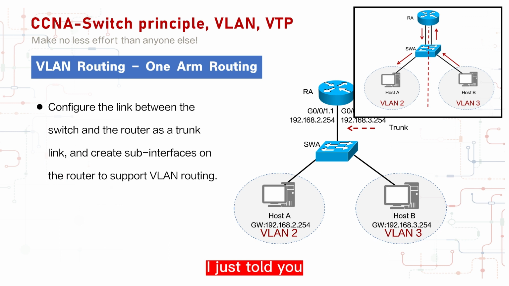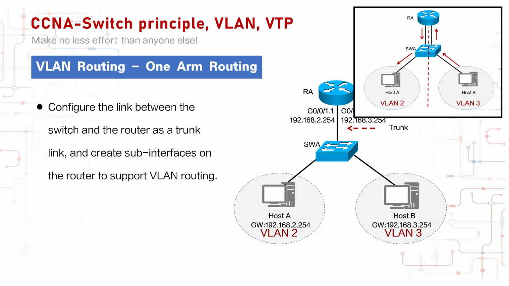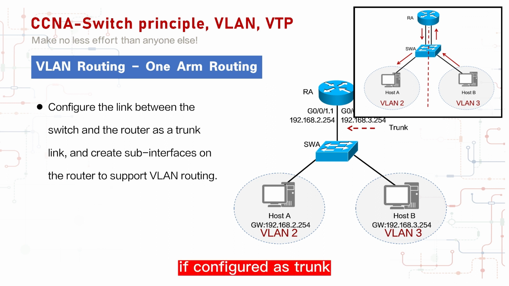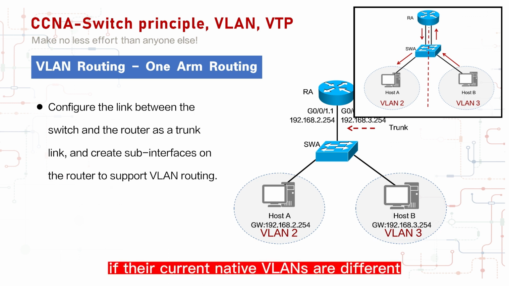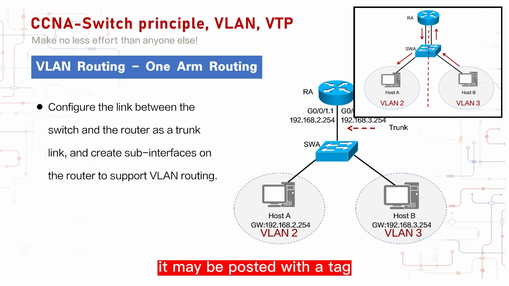I just told you the interface of the router is a layer 3 interface. It doesn't recognize anything about the tag. If configured as trunk here, the trunk is released for data. Then when the data is sent, if their native VLANs are different, it may be sent with a tag.